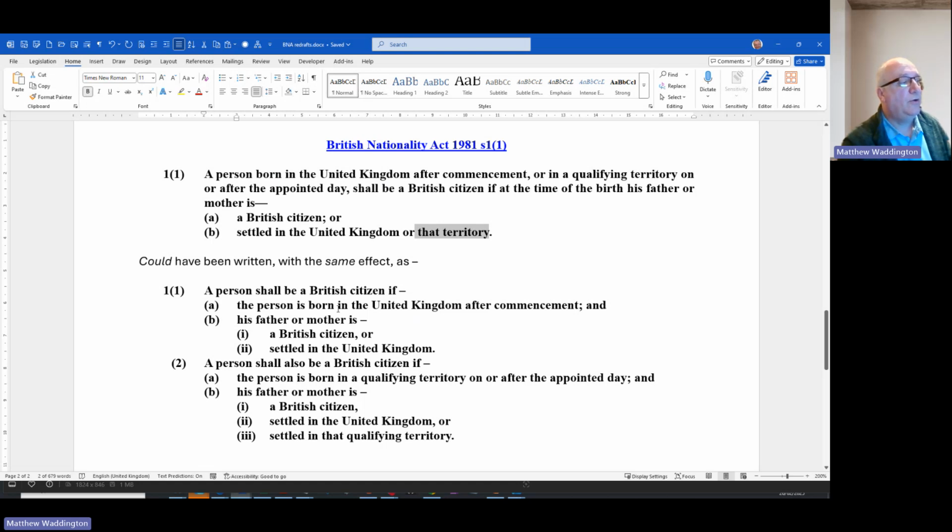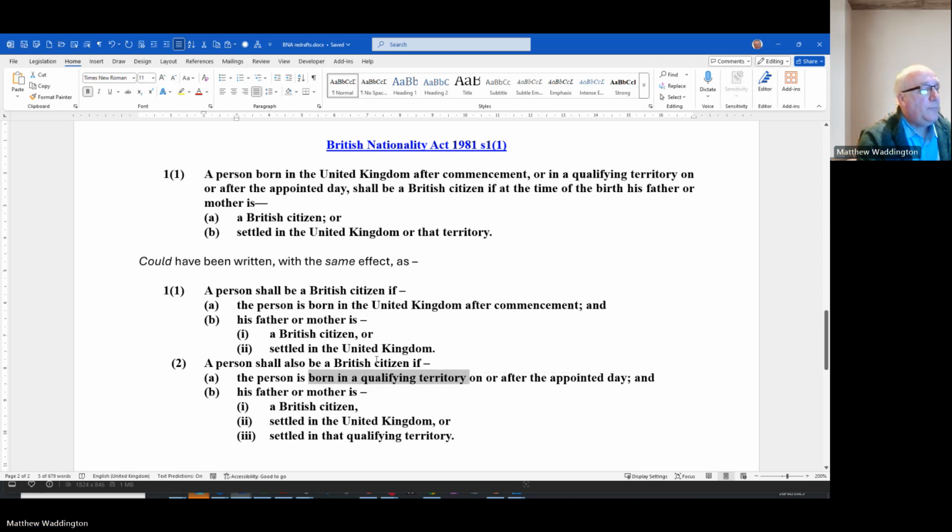So you might think, okay, we'll split it out. We'll have two separate subparagraphs, one for people born in the UK, which is numerically going to be vastly the more common case, and then we'll come on to the less common case, where a person is born in one of the remaining overseas territories, which are all very small.